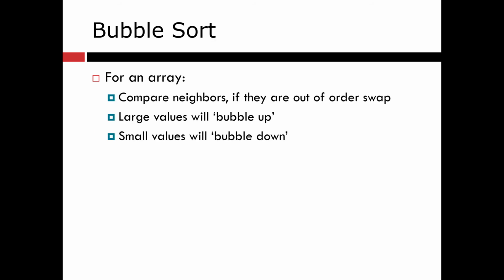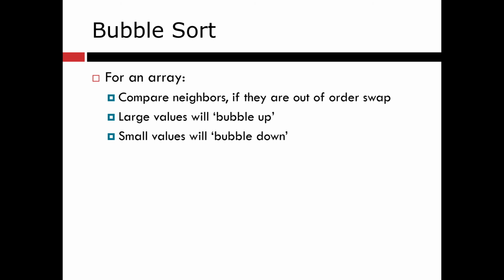The basic idea here is that the algorithm is very simple, and it seems intuitive at the start, but we'll see why it's so terrible. You're just going to compare neighbors. You're going to compare index i with index i plus 1. If those two things are out of order, then flip them. Swap the neighbors.